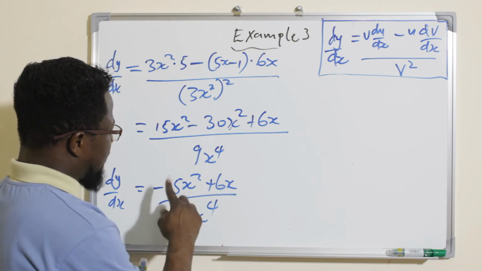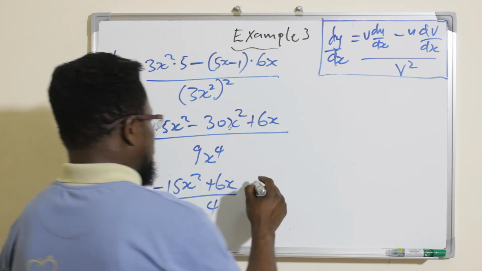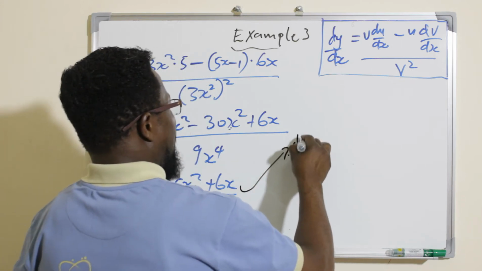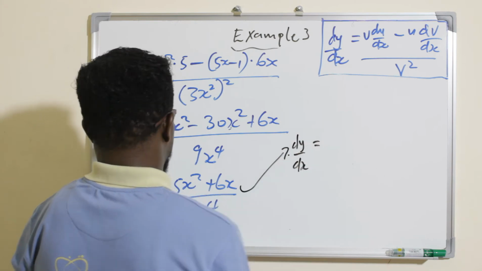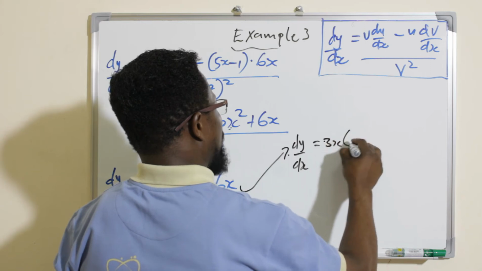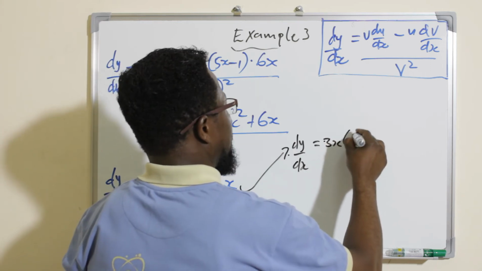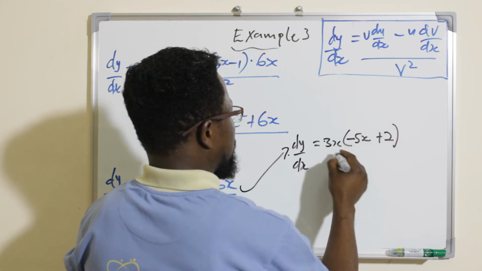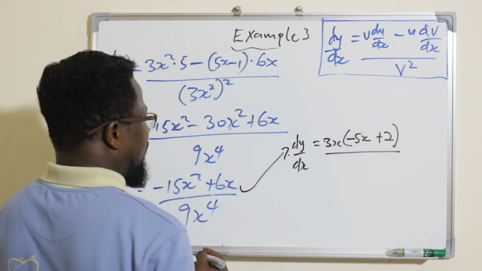We can have 3x out, so that dy/dx will now become 3x out into negative 5x plus 2 divided by what?